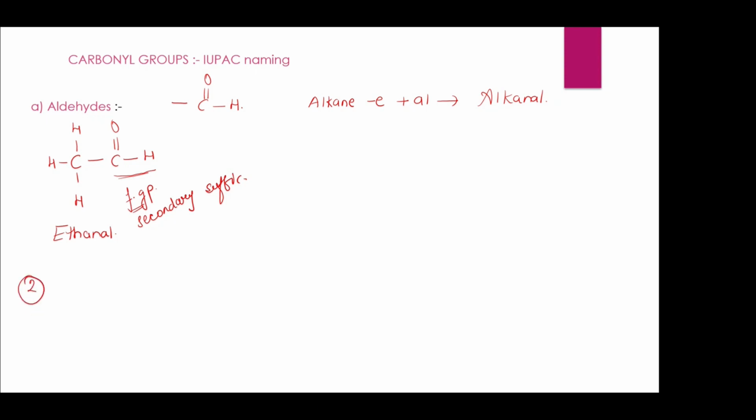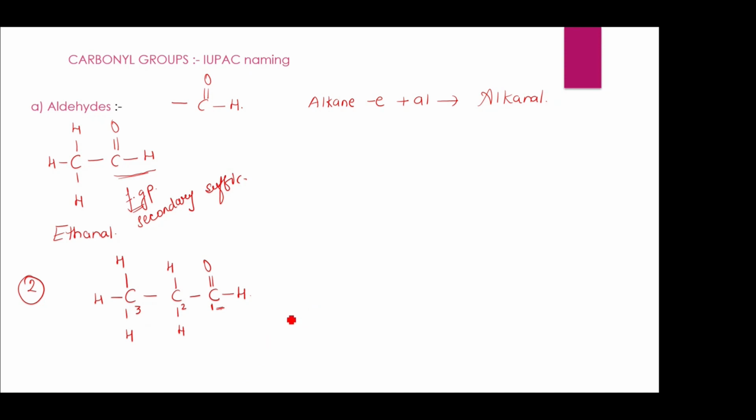Next example: 1, 2, 3, with a double bond O H. This is the aldehyde. Then satisfy all the carbons with all four valencies. This is the functional group, and it should get the least number. So first carbon, second carbon, and third carbon.